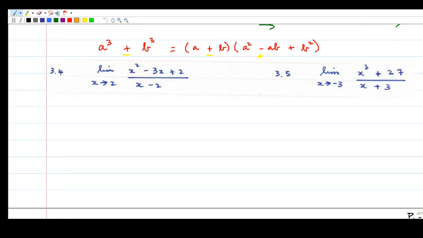So the solution for the numerator is going to be x plus 3 into x squared minus 3x plus 9, all divided by x plus 3.